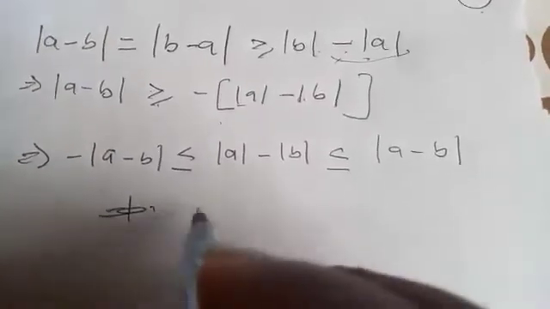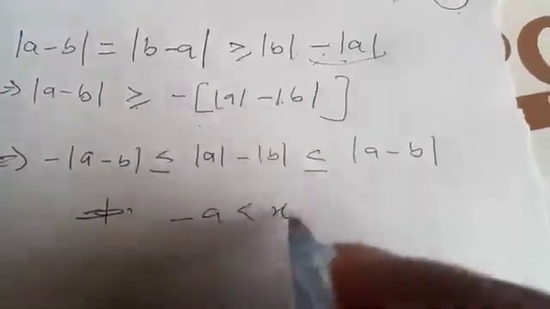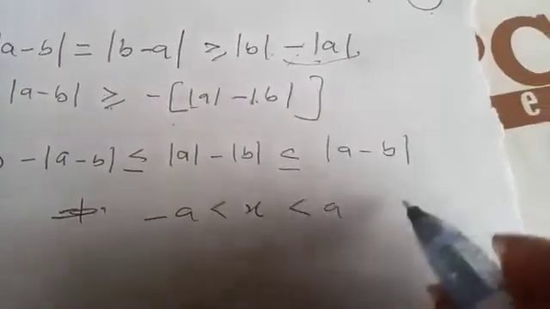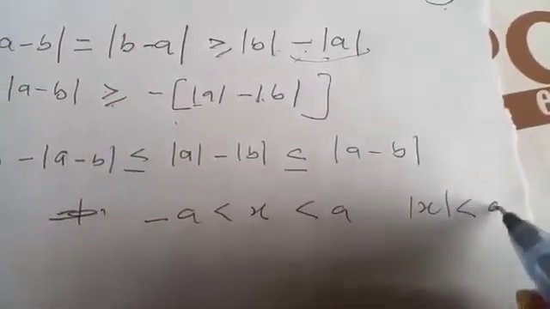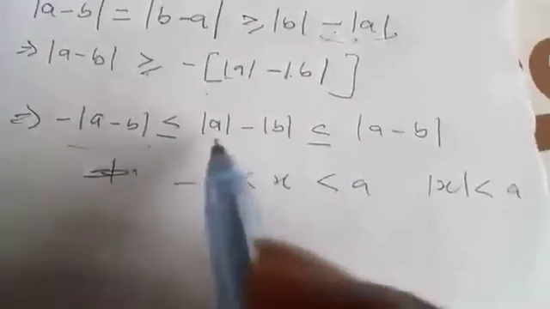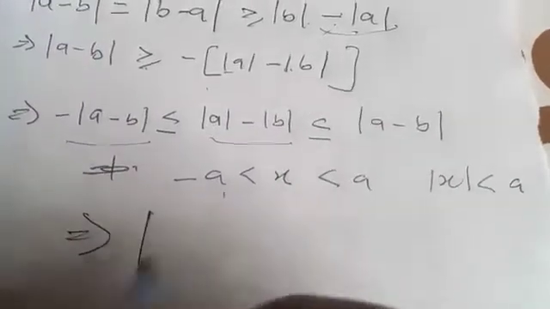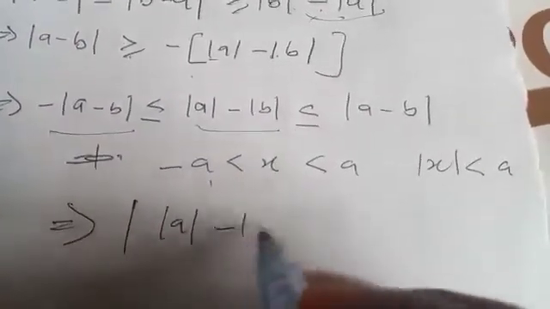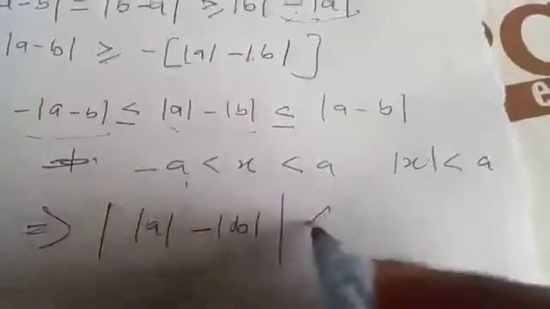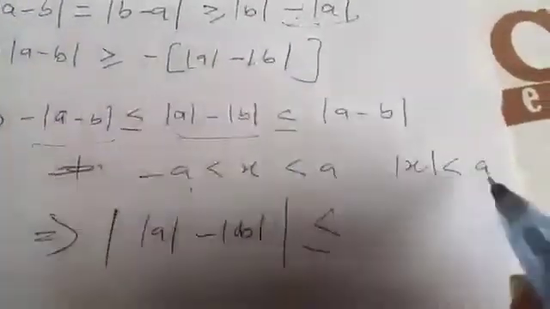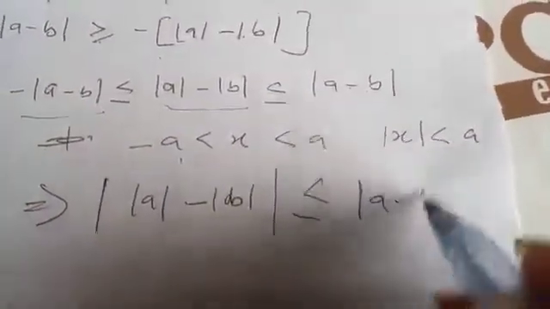So we recall that if we have minus A is less than or equal to S, which is less than or equal to A, that simply means the absolute value of S is less than or equal to A. Our A is representing the whole of this, and our S is representing the whole of this. If we apply that theorem, we are going to have the absolute value of these two is less than or equal to, this is our A, the absolute value of a minus b. And that proves the corollary here.